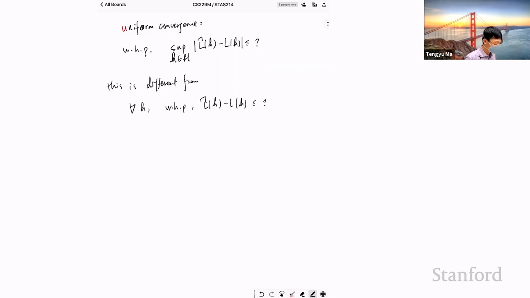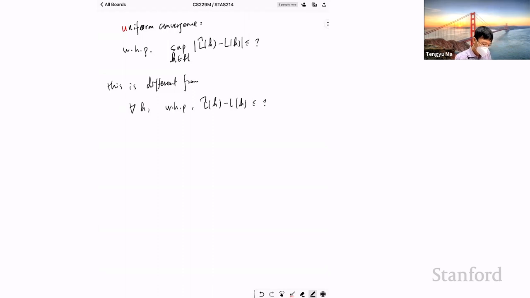One requires that, with high probability, the event that the entire population risk is close to the empirical risk holds. The other says that you only look at one single h and ask for the probability that the population risk differs from the empirical risk. In some sense, the difference is like a union bound, which I'm going to talk about more next when we get to proving this kind of statement.